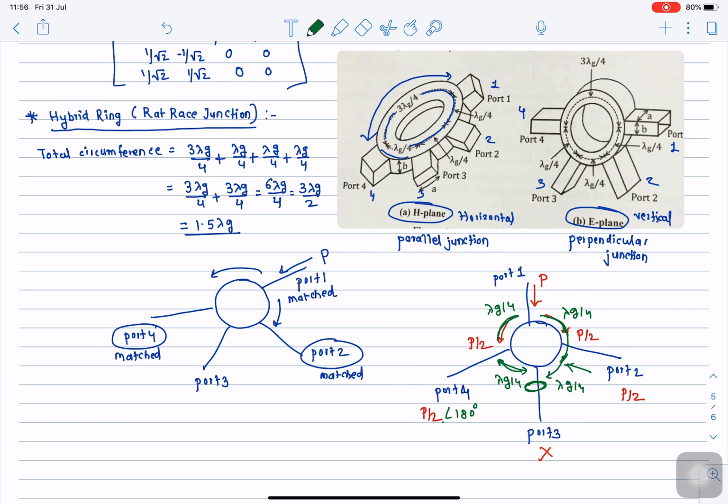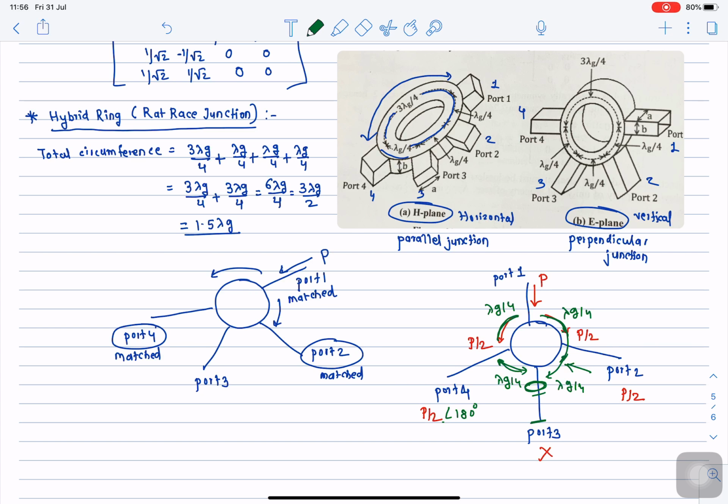So lambda g by 2, lambda g by 2, but with opposite polarity, hence the total signal is going to cancel when it arrives at port number 3, and at port number 3 you will get a 0 output. Okay, so perfect cancellation will take place in an ideal hybrid ring at the designated frequency. Okay, so this hybrid ring or rat race junction can be used as a replacement for the magic T.